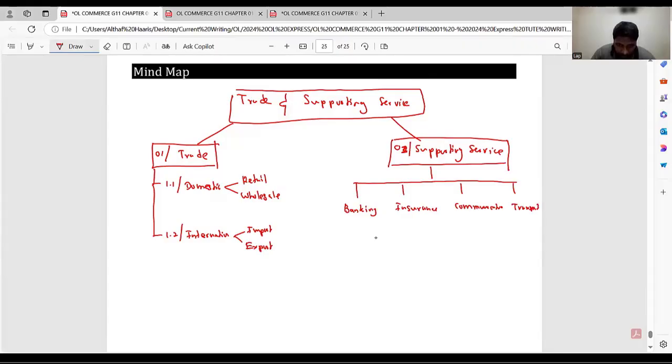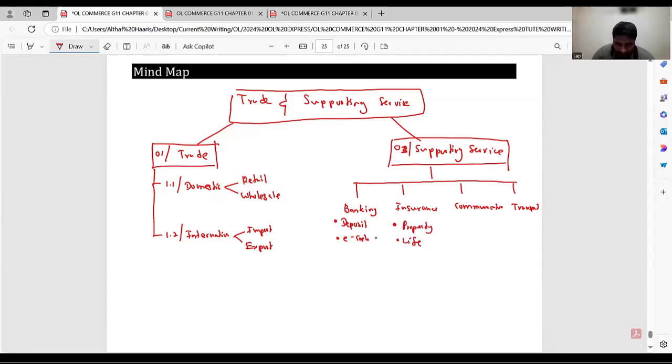Banking, we learn services related to deposits, services related to e-cash, and under this we learn cheques and so on. Then insurance: property insurance and life insurance.